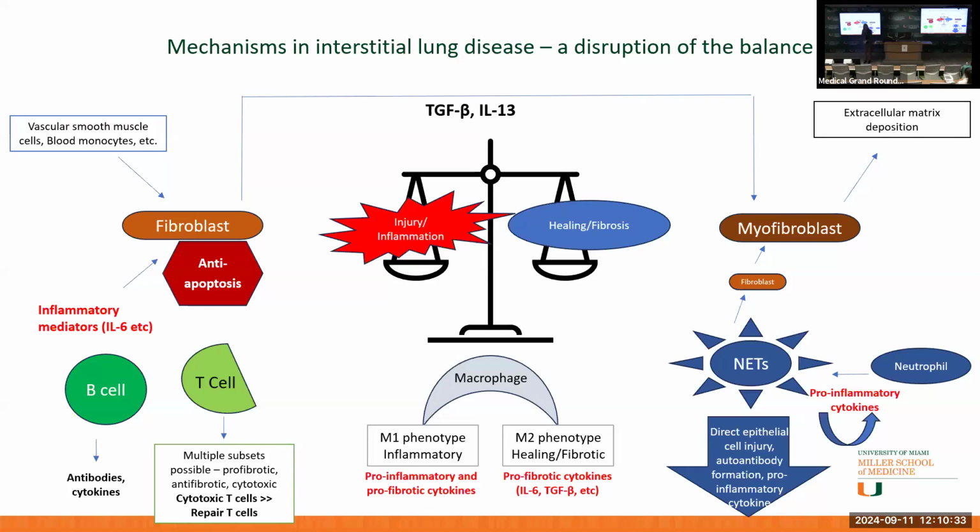So it makes these fibroblasts live longer, they turn into myofibroblasts, and then you end up getting this scar over time. So why do they get these inflammatory signals?